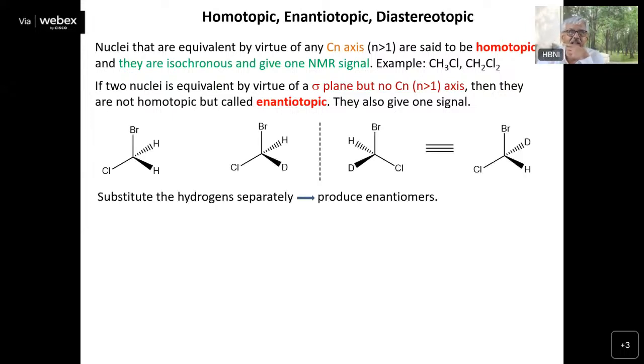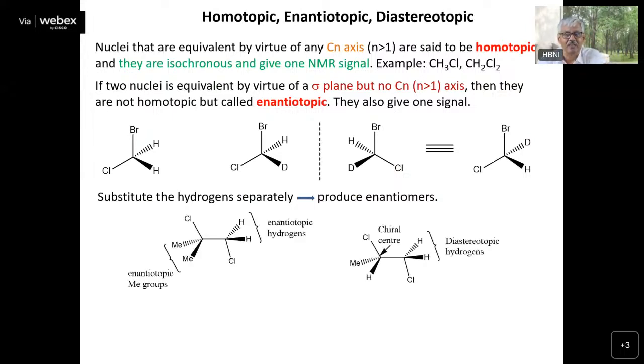You can see the molecule: there is no Cn axis, but there is a sigma plane. How do we find that out? If you substitute each hydrogen separately, you will get the same molecule but as the enantiomer; those two structures are mirror-image related.